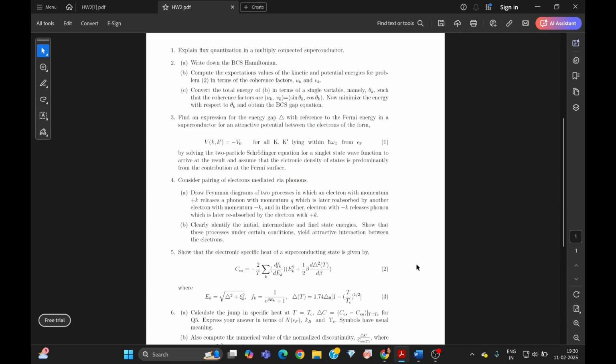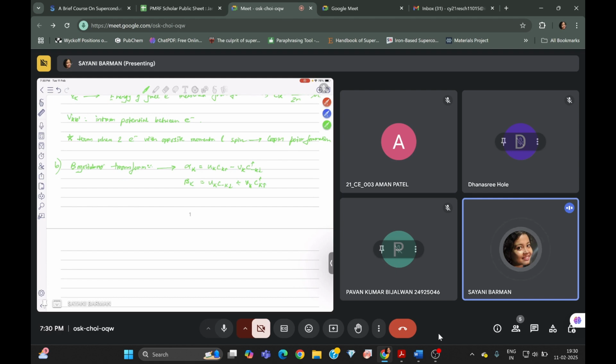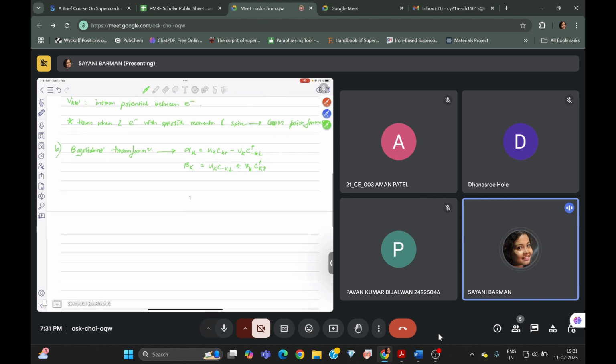Here uk and vk are already mentioned in the question; they are the coherence factors. Since they are coherence factors, they satisfy the normalization condition: uk square plus vk square equals 1.